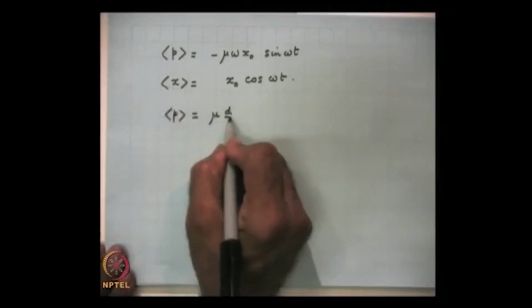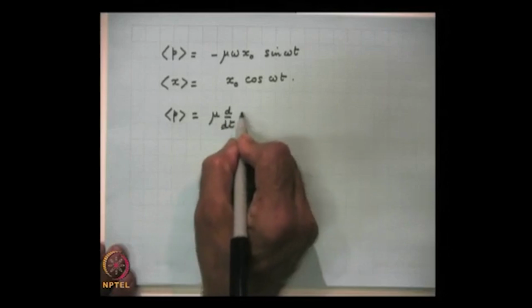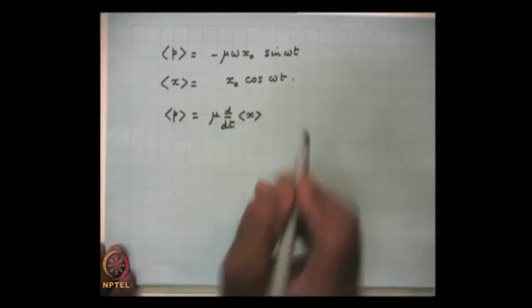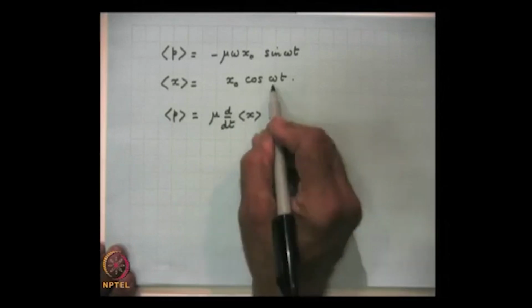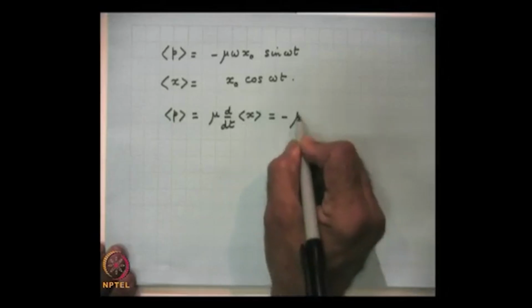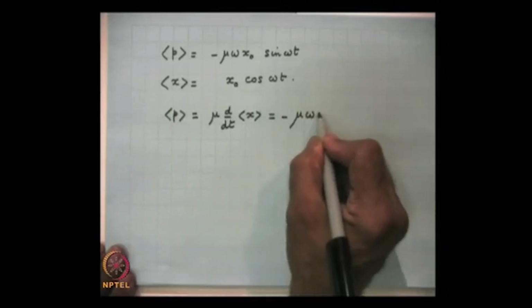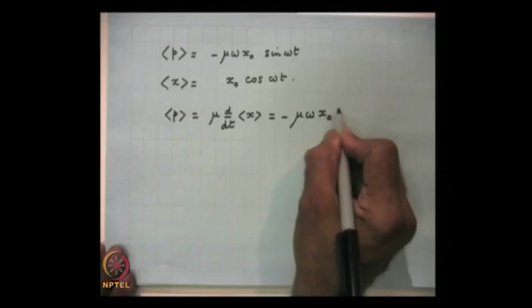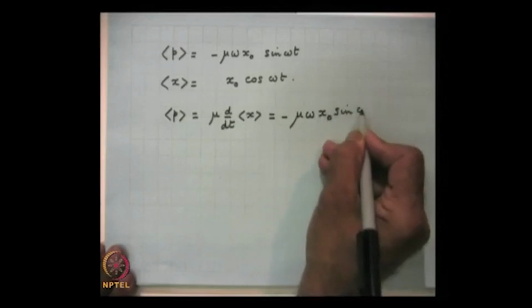If I differentiate this, it will come out to be minus mu omega x naught sin omega t.